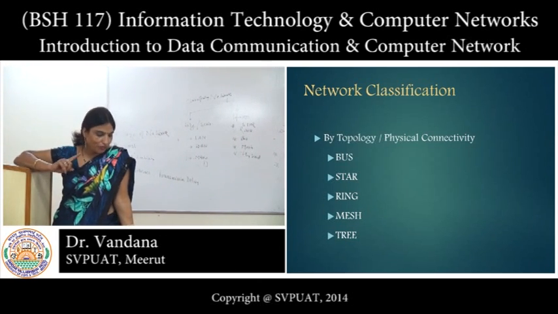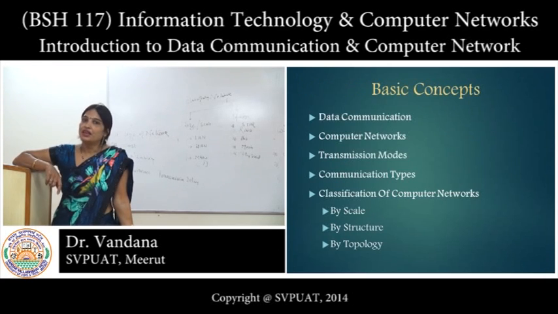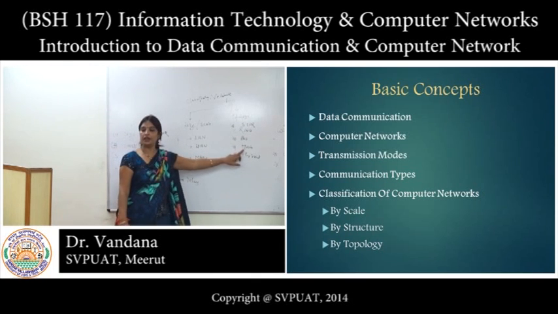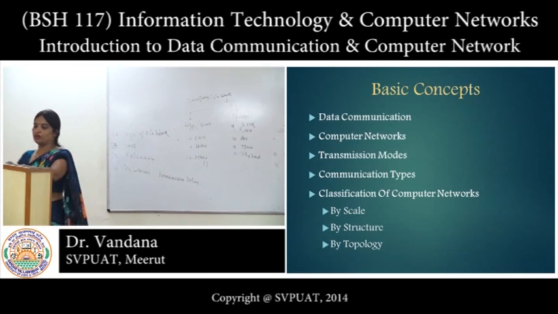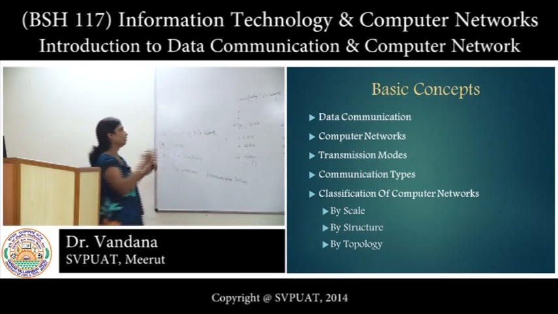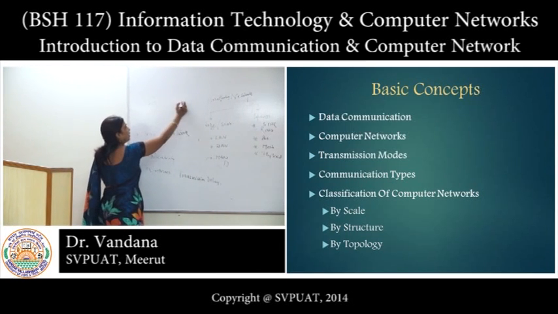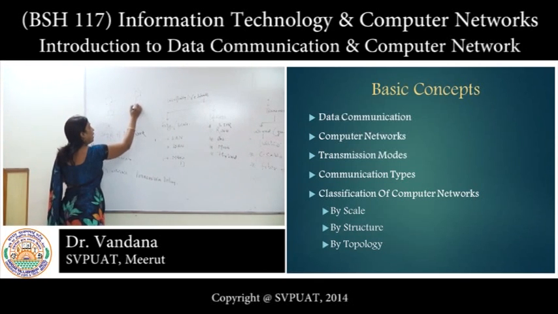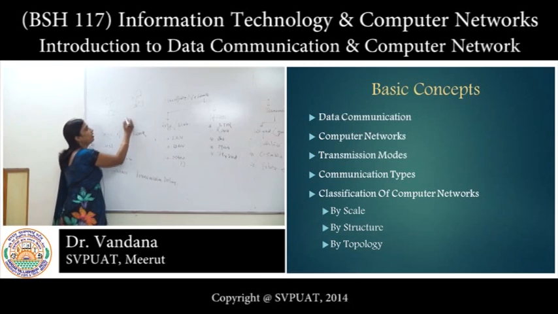My one question to you is, how many connections will be needed with the increase in the number of nodes? Like in mesh topology, if there are 4 nodes, how many communication connections are needed? And if we increase the number of nodes, how can we calculate the number of connections in mesh topology?